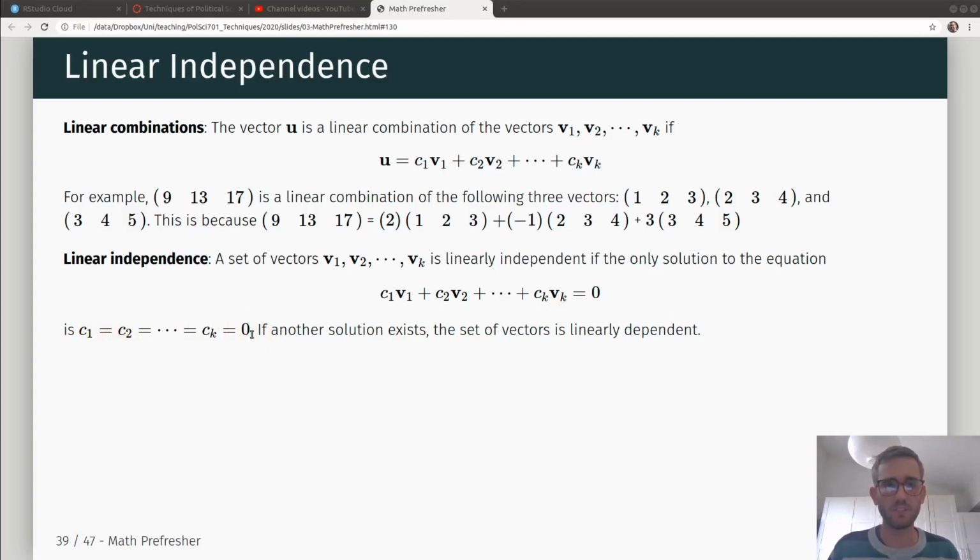If another solution exists, then the set of vectors is linearly dependent. So in other words, if another solution exists, then one of the vectors v1, v2 up to vk can be described as a linear combination of the remaining vectors.